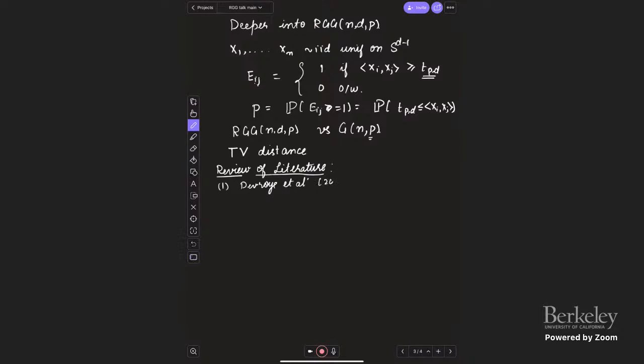They use Berry-Esseen type CLTs to show that when d is much larger than 2^Ω(n), this implies TV convergence as n tends to infinity.